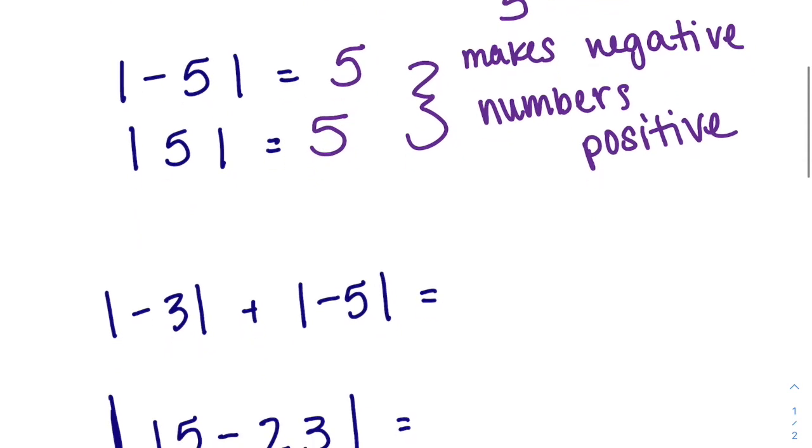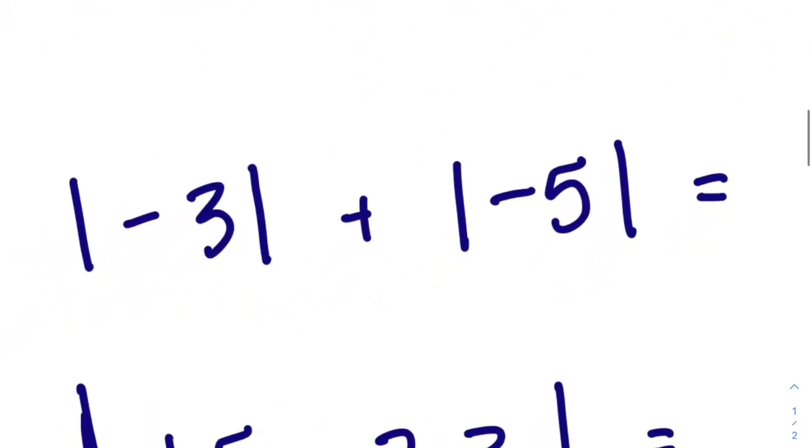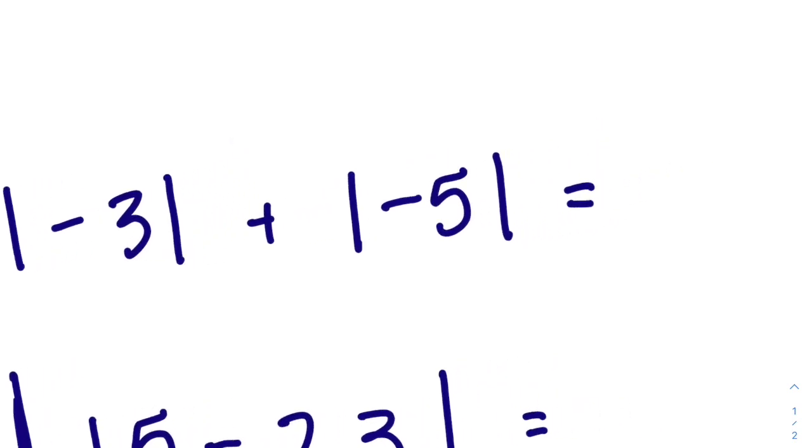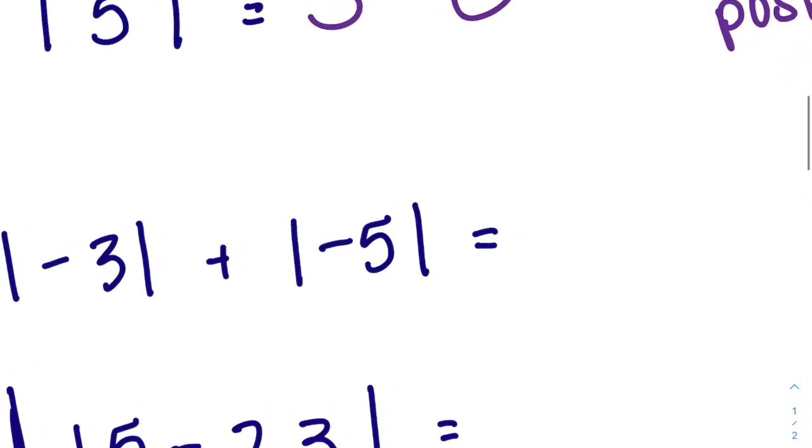So if I go down a little bit, we'll look at an equation here. I have the absolute value of -3 plus the absolute value of -5. Before I do anything, I want to rewrite this problem without those absolute value symbols.